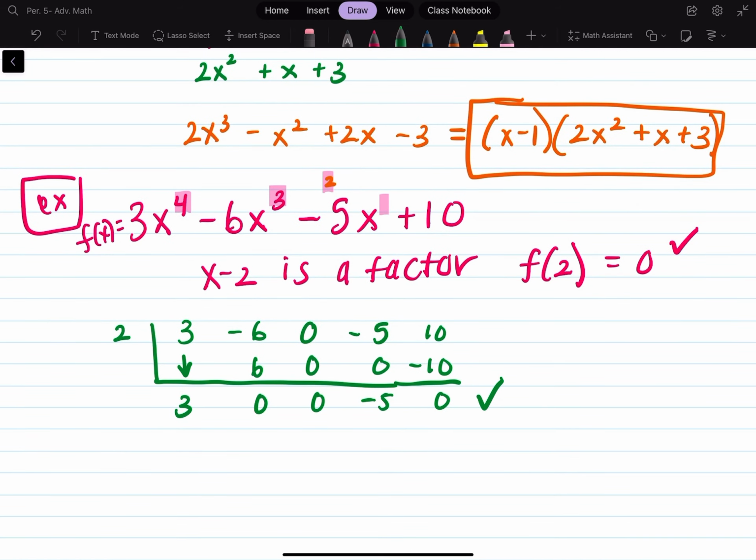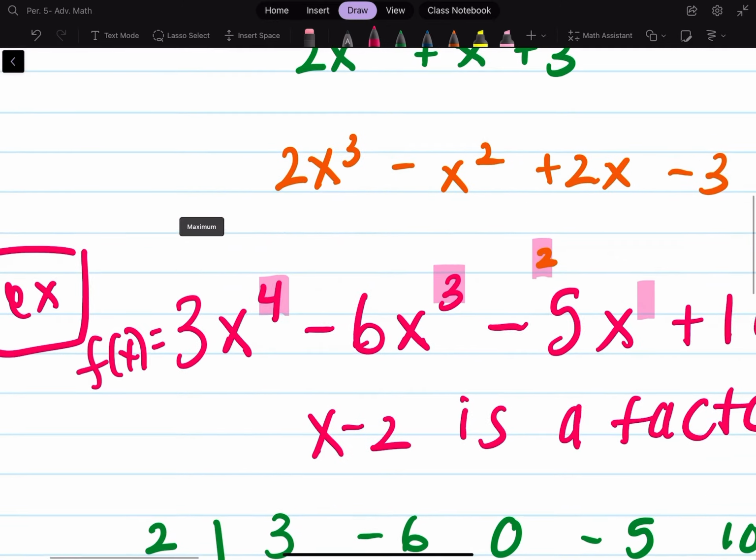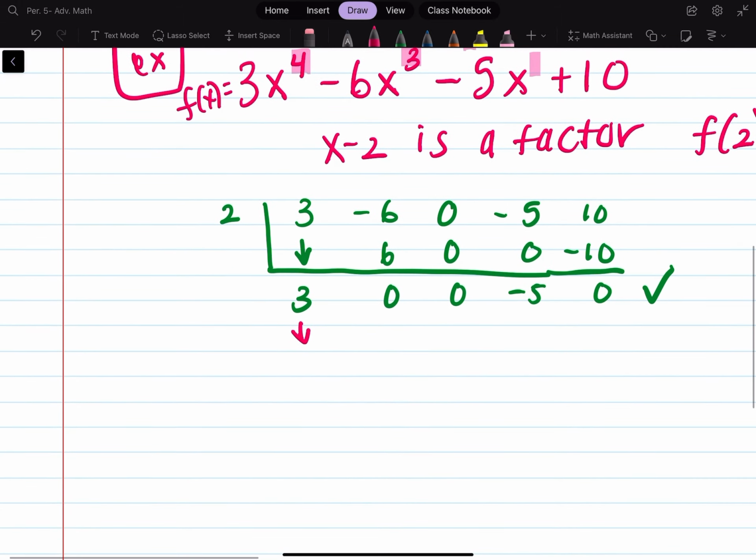So now with that, we can rewrite this. Obviously, I started off with a degree of 4. I'm taking away 1, so this will be my 3x cubed term. I don't have an x squared. I don't have an x. I only have my minus 5.